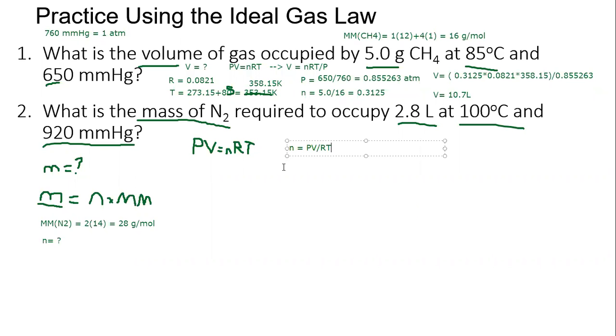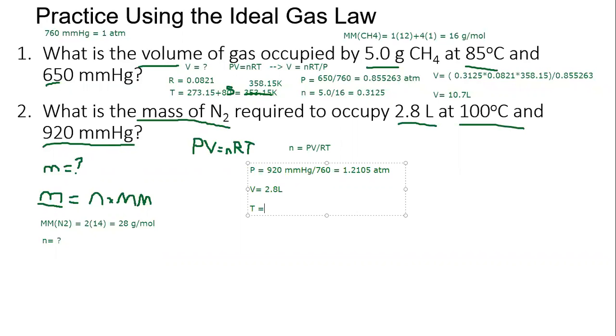But again, before we start plugging and chugging, we need to get everything in the right units. So pressure, 920 millimeters of mercury. We need to divide by 760 to get atmospheres. So we get 1.2105. That's one thing out of the way. Volume is in liters, so that's good.